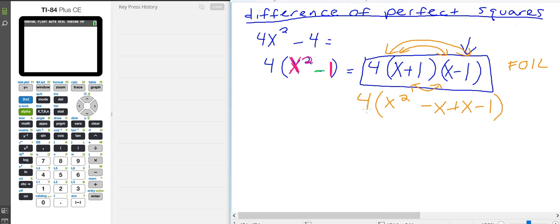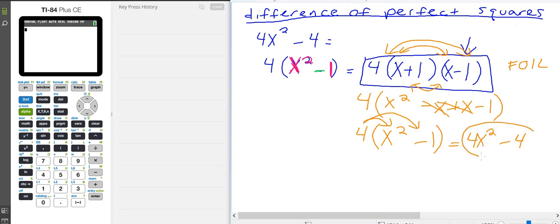And let's combine like terms within the parentheses. 4 times x squared, minus x and positive x cancel out. We're left with x squared minus 1. Let's distribute the 4. 4 times x squared is 4x squared. 4 times minus 1 is negative 4. Since this is our original question, the answer is correct.